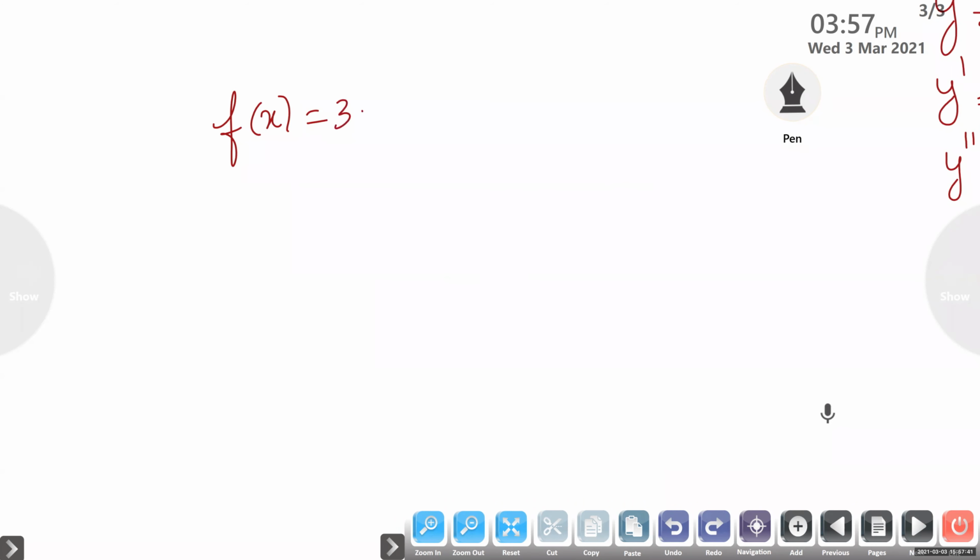What is meant by f double dash of 2, Tomlin? What do we have to find here? We have to differentiate 2 times. If you differentiate 2 times, will it get over? No. Then what do you have to do?